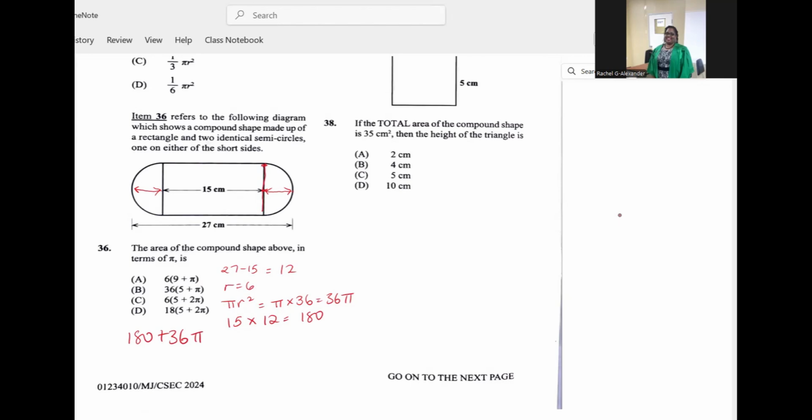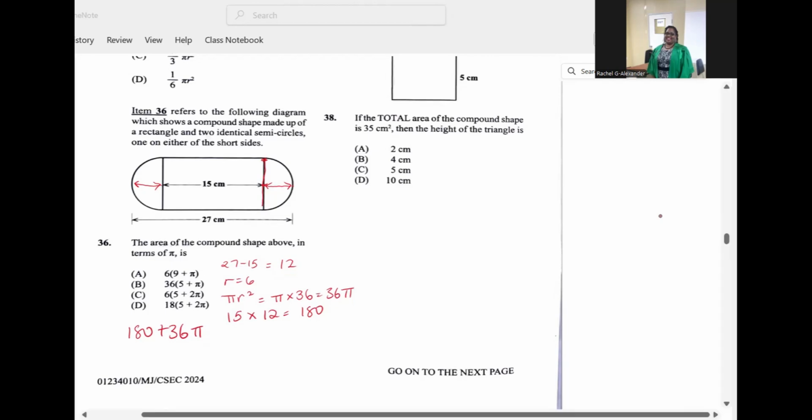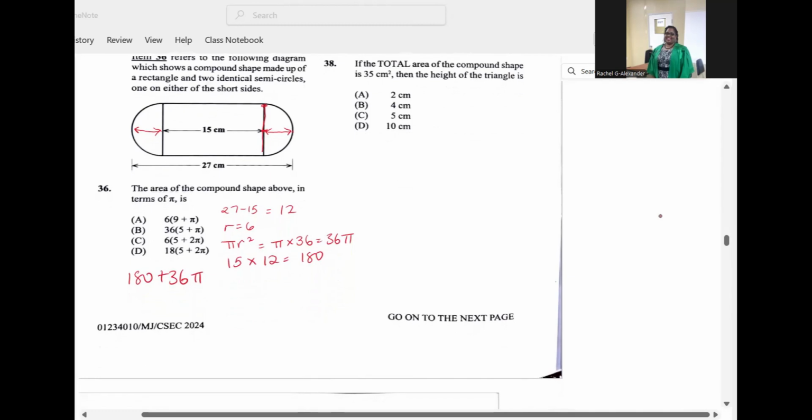But our answers look like they've been factorized. So if we factorize this, the highest number that could go into 180 and 36, I believe, is 18, or is it 36? Let's just say we didn't know and we choose 18. So we have 18 into 10 plus 2 pi.